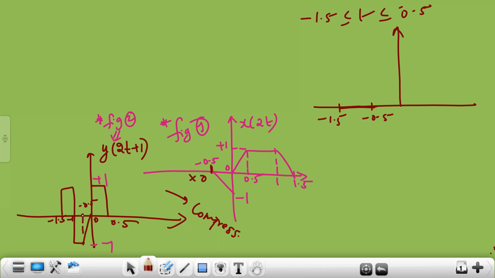Later, coming from negative 0.5, you can see here at negative 0.5 you have a ramp. What is the equation for ramp? Nirmit, what is the equation for ramp? No response.